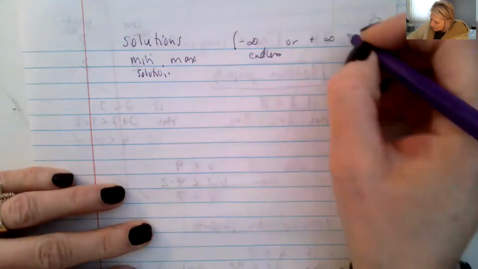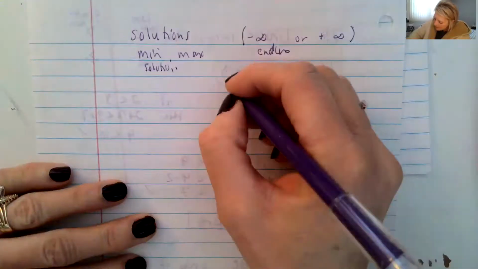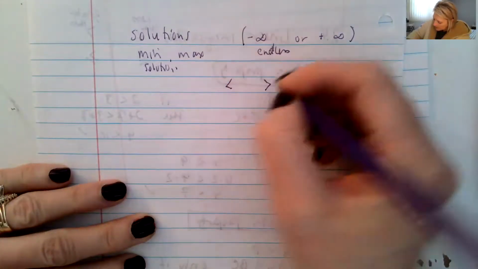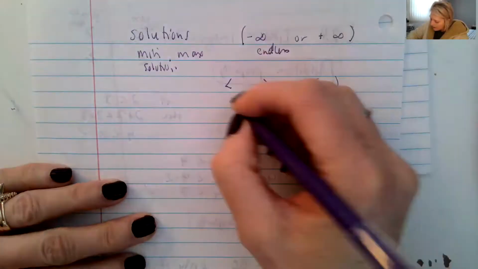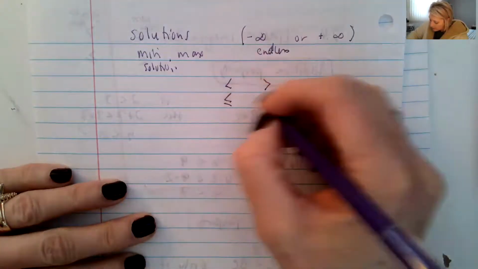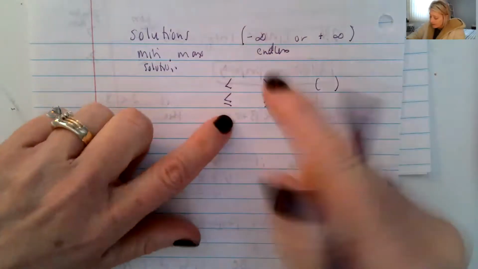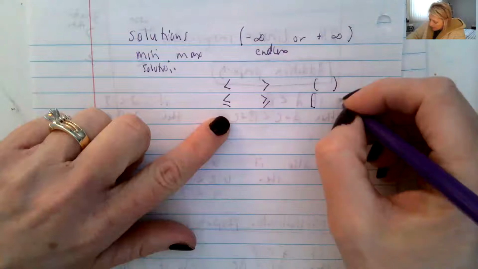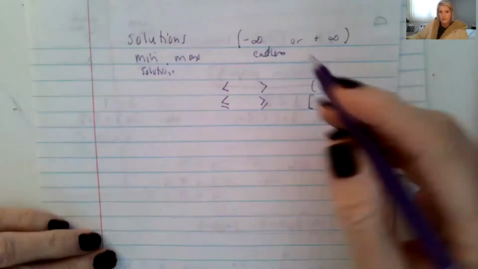They always get a parenthesis around them. If it's strictly less than or strictly greater than, they also get parentheses. If we have a less than or equal to or a greater than or equal to, where we're including the endpoints, then they get a bracket on whatever side it's referring to. So you're going to see this as we give solutions today.